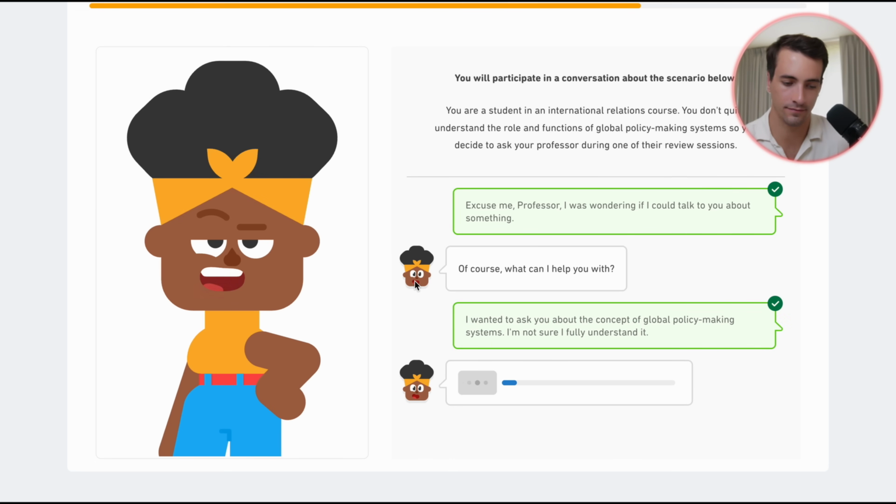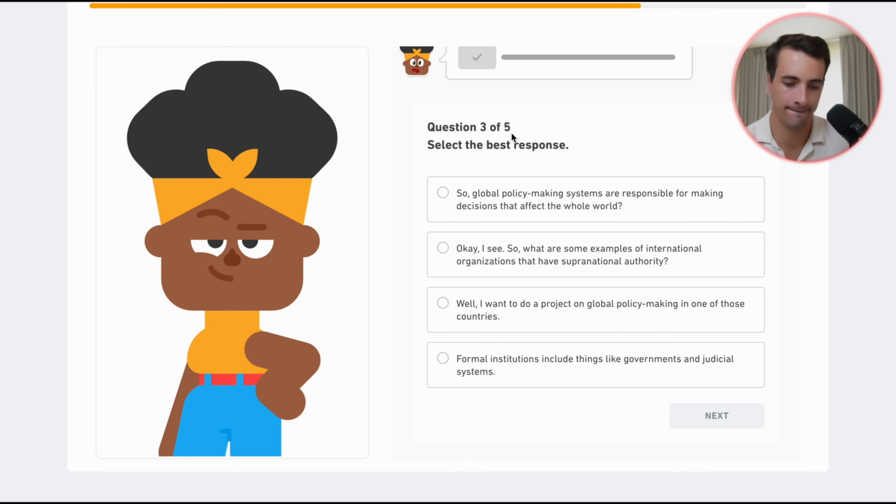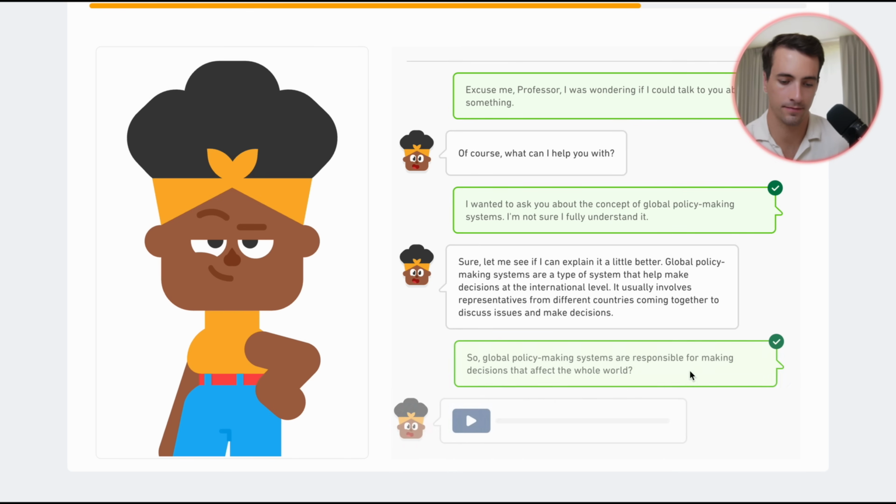Sure, let me see if I can explain it a little better. Global policy-making systems are a type of system that help make decisions at the international level. It usually involves representatives from different countries coming together to discuss issues and make decisions. Yes, that's right.